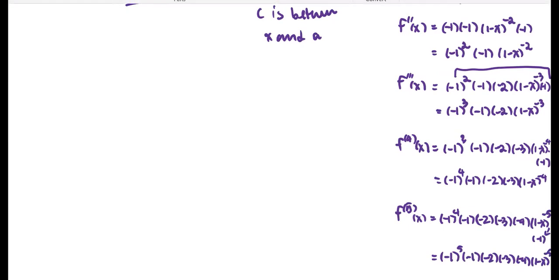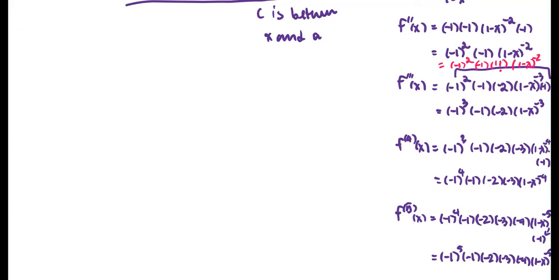As we see the pattern, for the second derivative, we have negative 1 to the power second, negative 1 times 1 factorial times 1 minus x to the power negative second.